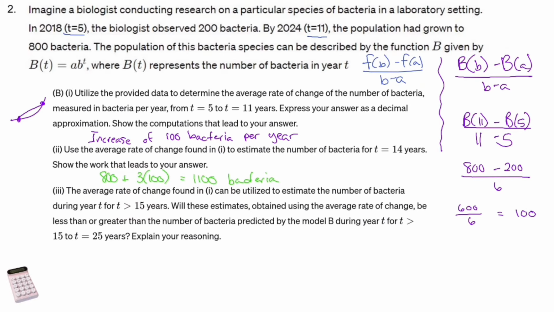I have to compare what I got in part 2 of part A on the previous slide. And if you remember, that exponential function was B of t equals 62.996 times 1.260 to the t. That's my exponential guy. Now, my linear guy can be found by saying, all right, well, my slope is 100. So y equals 100x plus b.